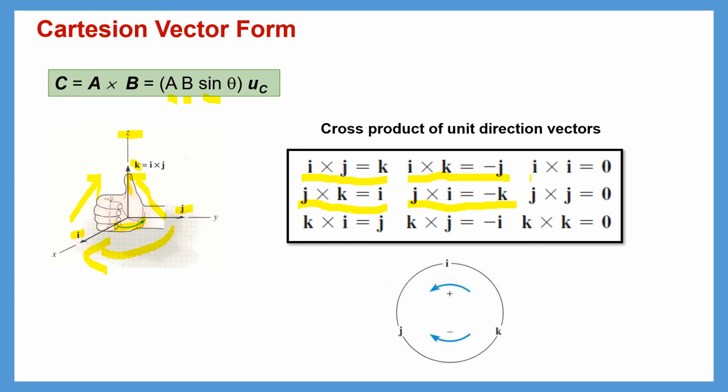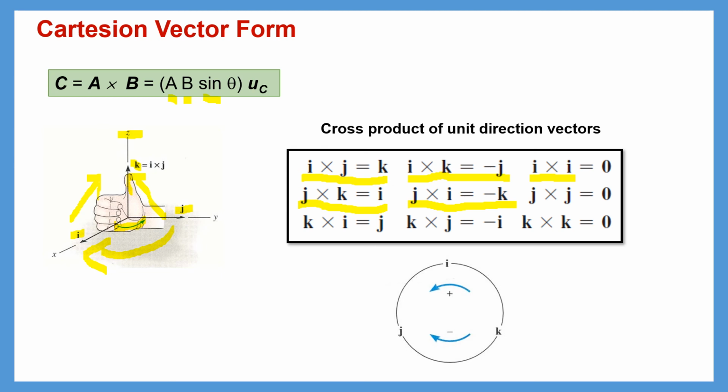Okay. What about i cross i? As the angle between i and i will be equal to 0, sine 0 will be equal to 0.